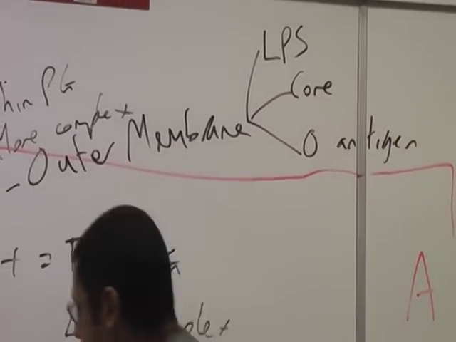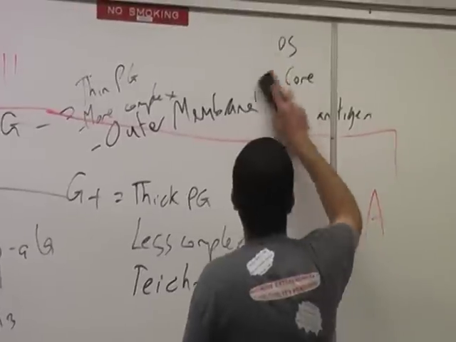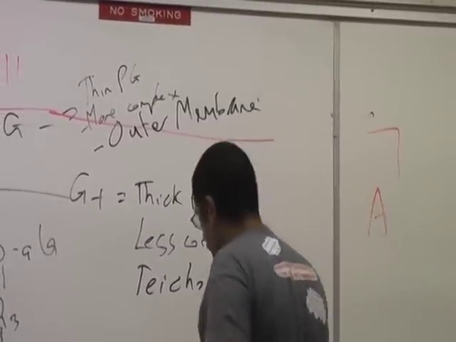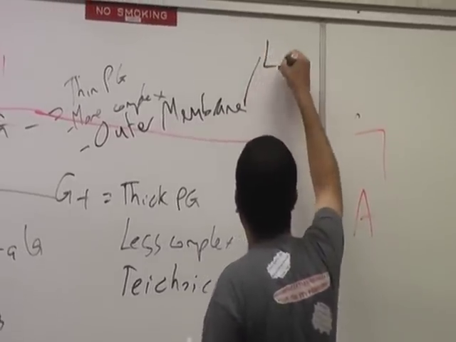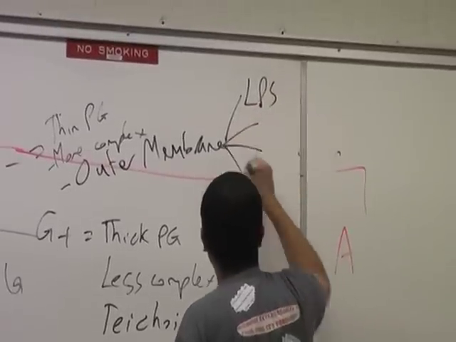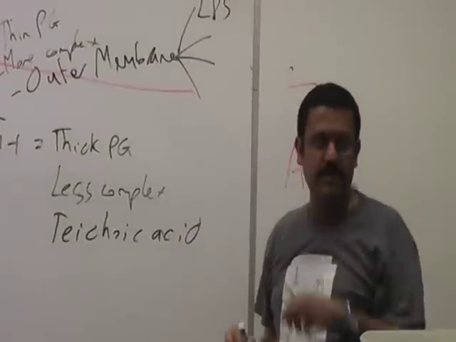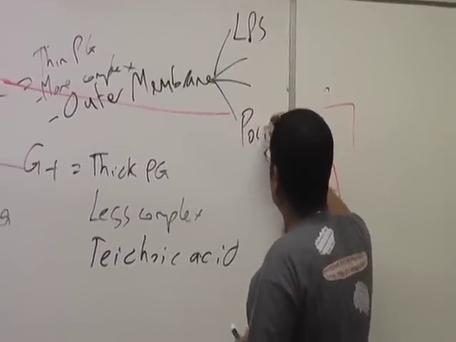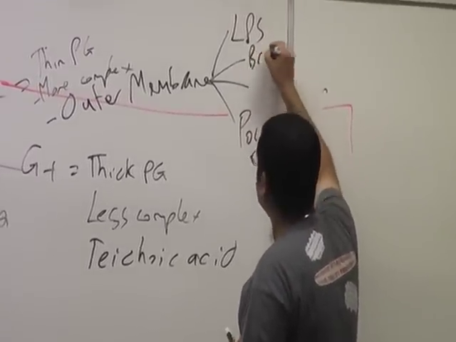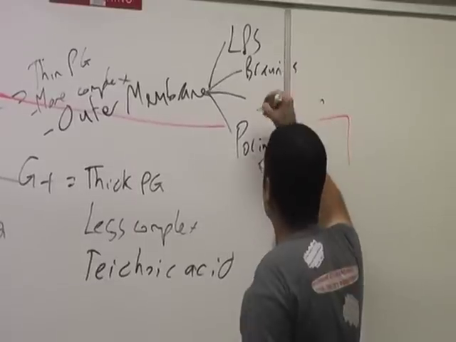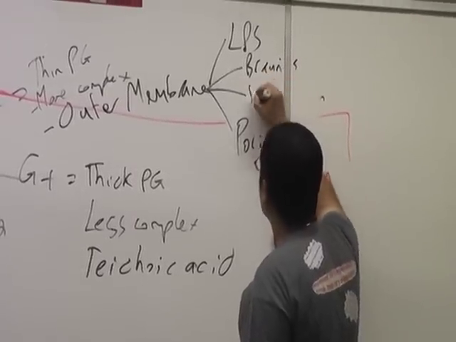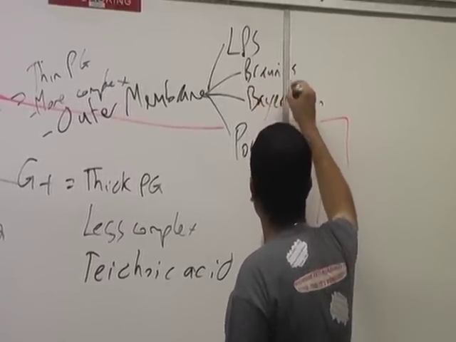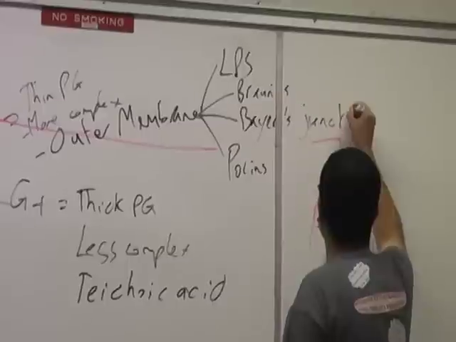Actually, never mind, my bad. The outer membrane has the LPS and 3 other things that we talked about. They have the porins, right? They have Braun's lipoprotein. You can review them, and Bayer's junctions.